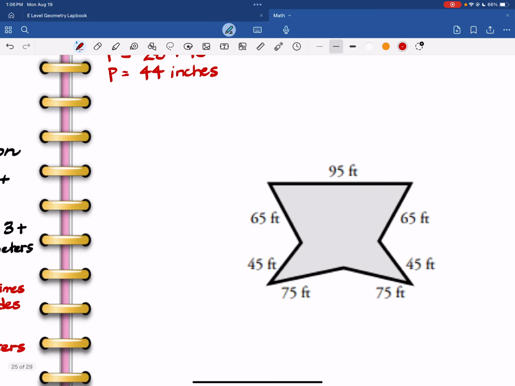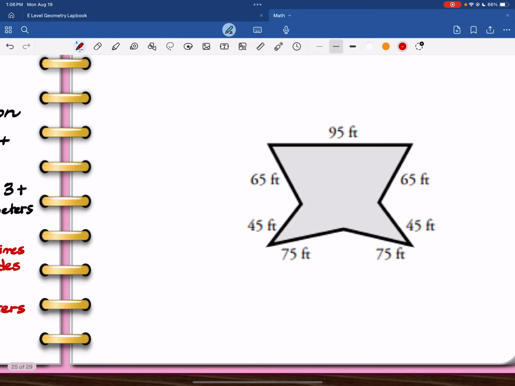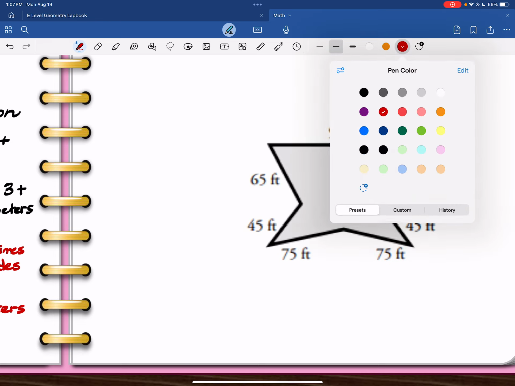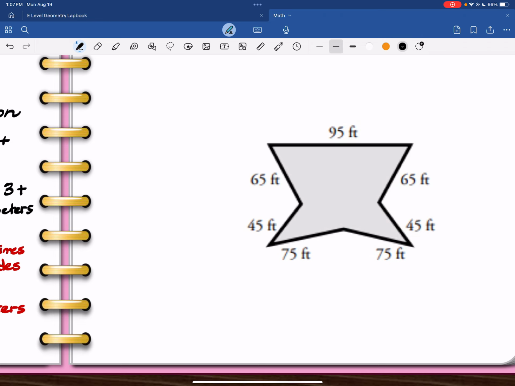Finally, this is definitely an irregular thing. So I can't multiply. It's irregular. But let's at least put the dots in and see how many sides we have. Let's give it a name. So this is an irregular.